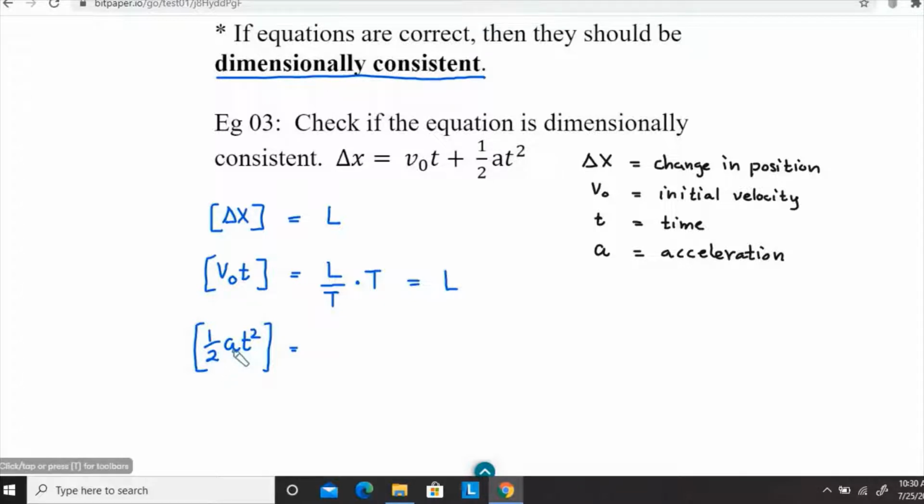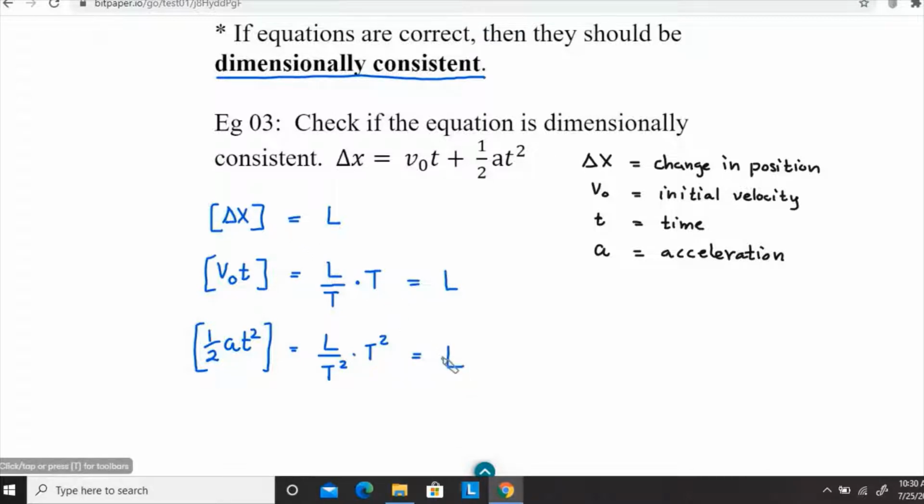We focus on the dimensions of acceleration and the dimensions of time squared. The dimensions of acceleration, from the previous slide if you recall, is L over T squared. And then the dimensions of time squared is T squared. Now you can see you have a T squared in the numerator and a T squared in the denominator. So then you have L.